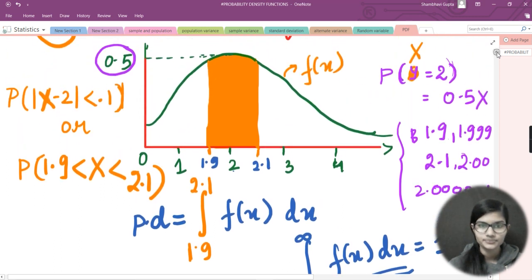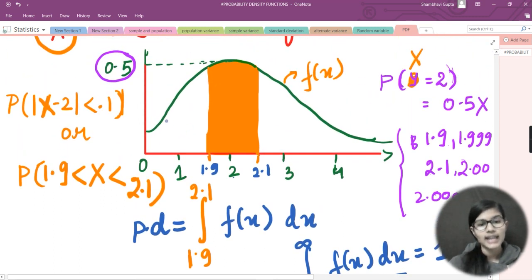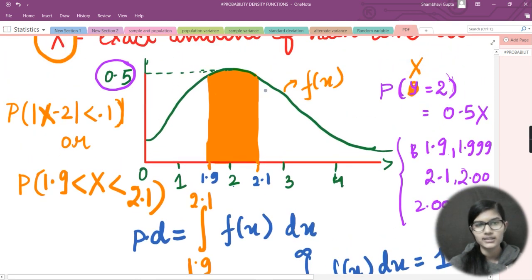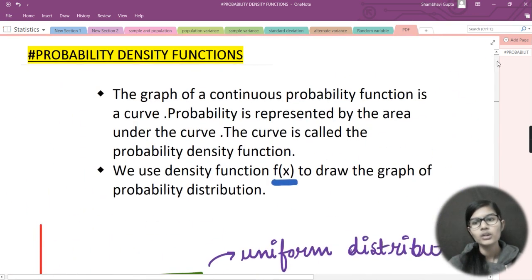My probability distribution function is this curve which I have made here, so the area under it should always be 1. In the next video we are going to see this example for the continuous probability function.